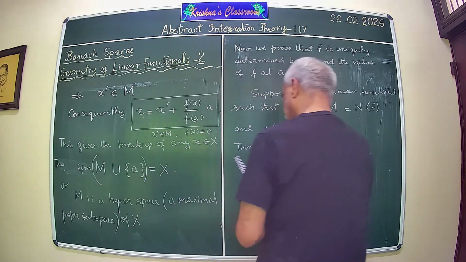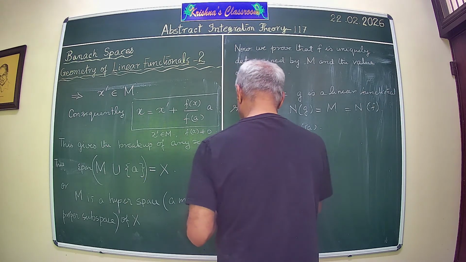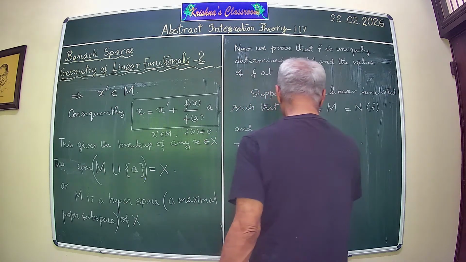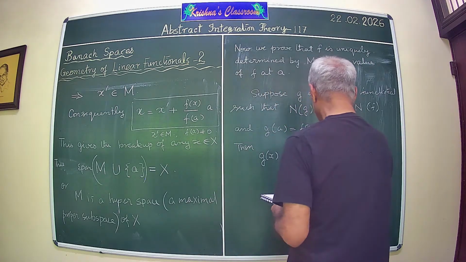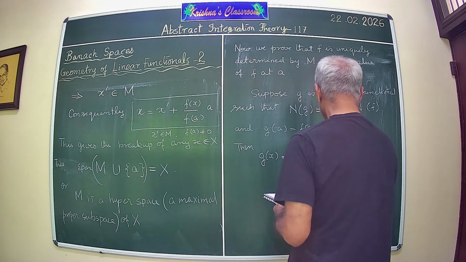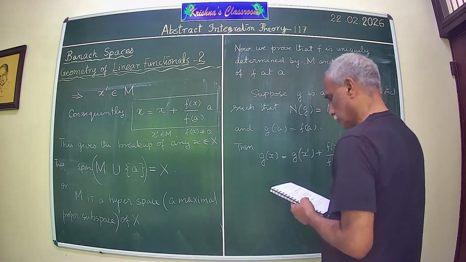Then what you have, Gx is equal to G of x prime plus Ga.